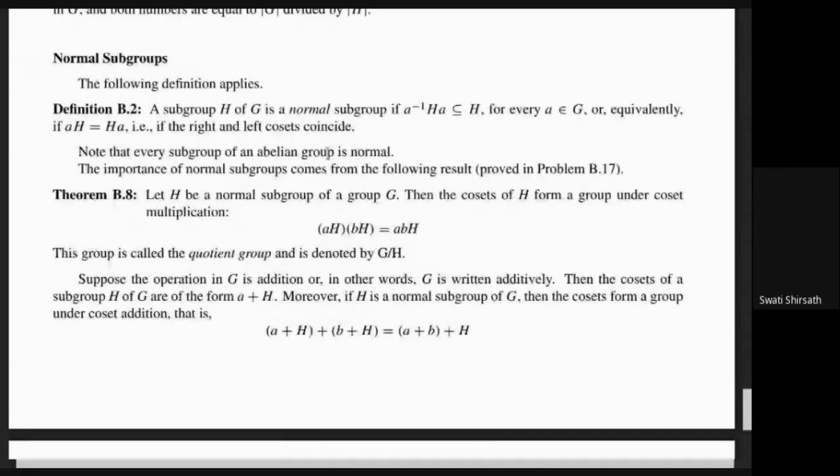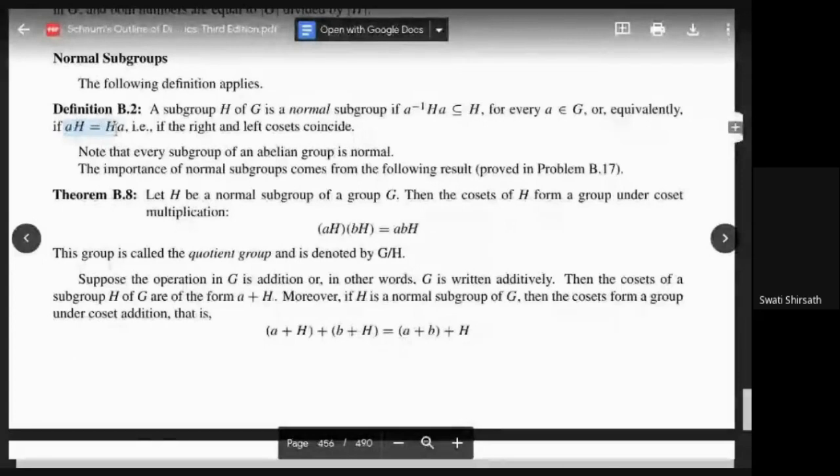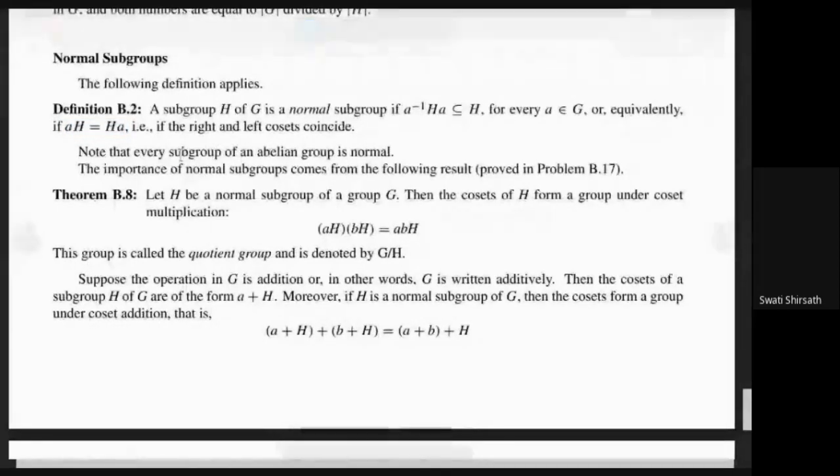Because if a group is abelian, its operation is commutative, and if you take a subset, in the sense a subgroup, it will always satisfy this property, AH is equal to HA. You'll always get right and left cosets as equal. Hence we can say that all subgroups of an abelian group are normal subgroups. Got this?